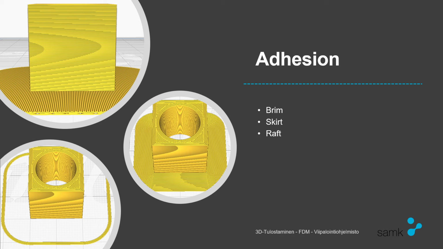And then there's the adhesion method called raft, which lays a bed full of material onto the build plate, so that any uneven areas on the build plate will be evened out, because it will fill the holes with melted plastic.